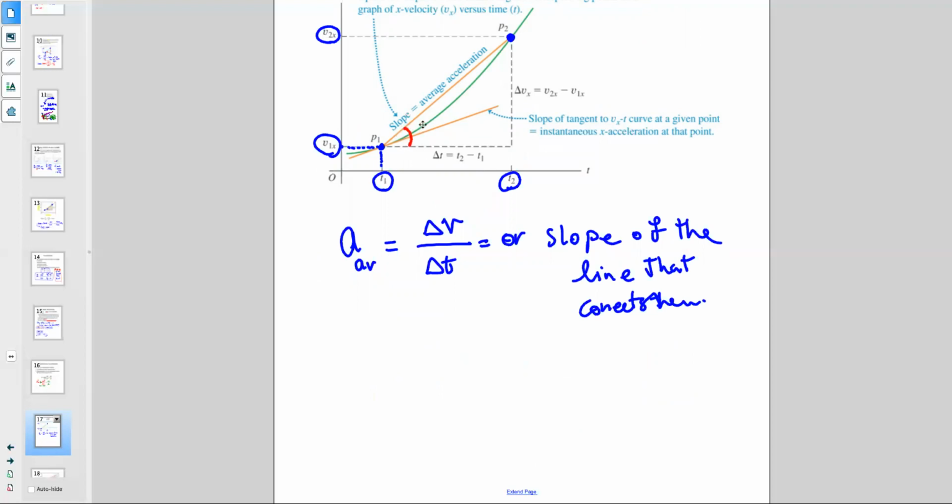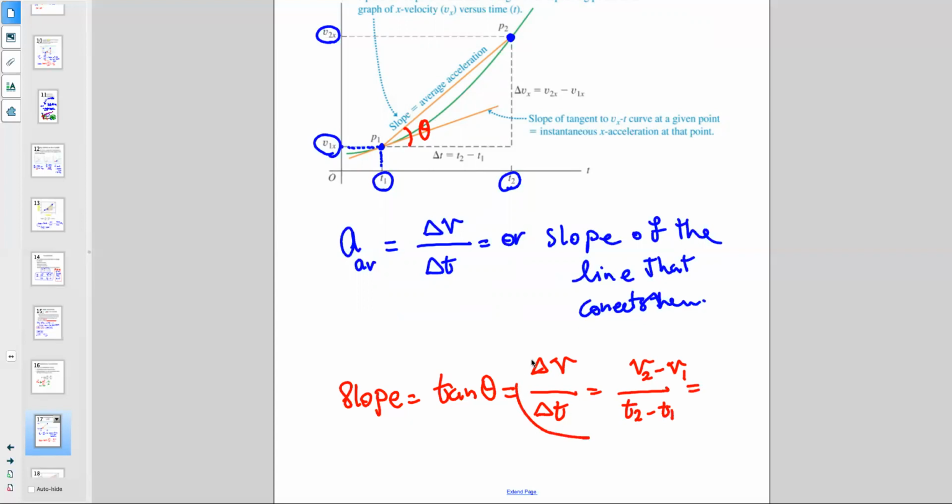Let's call it theta. So the slope is tan of theta, and tan of theta is rise over run. Rise is delta v, run is delta t, or v2 minus v1 over t2 minus t1. And we already know this guy is average acceleration.